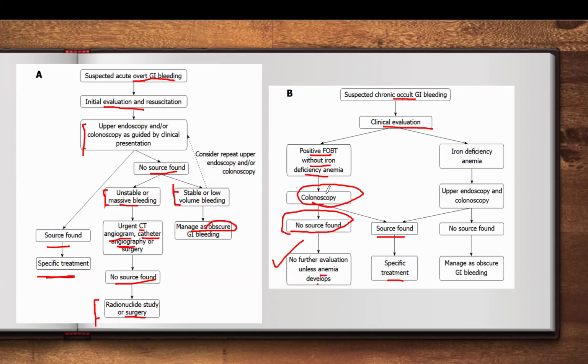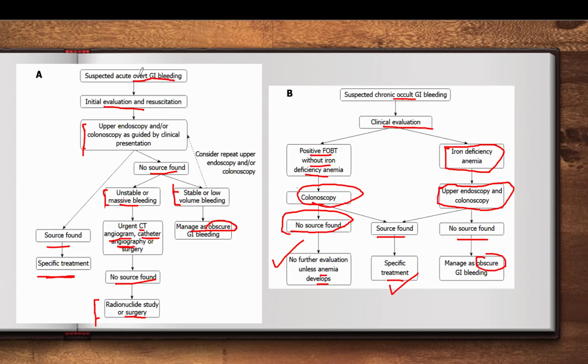However, if the patient has developed iron deficiency anemia, we will be doing both upper GI endoscopy and colonoscopy. If a source is found, specific treatment. If it is not found, then we will manage it as obscure bleeding.